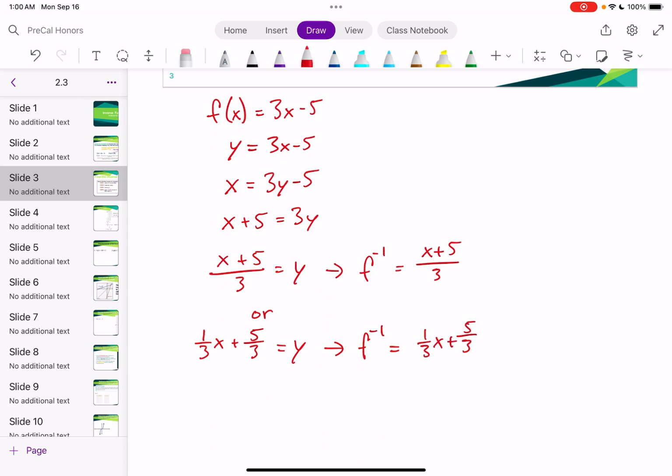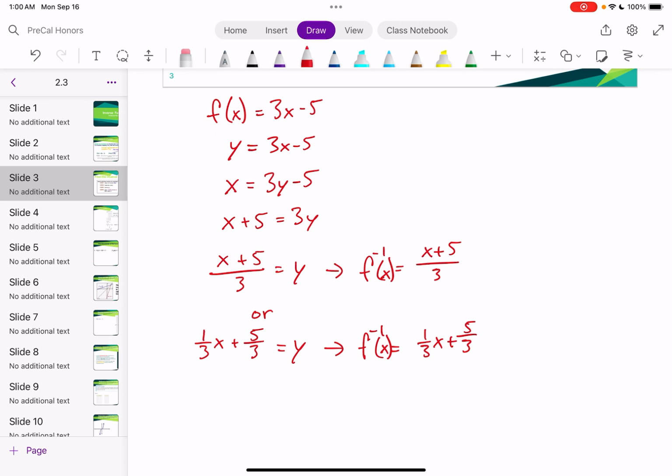Now keep in mind, we have written down the f of -1. That does indicate the inverse, but this is still a function, which means we will always have that x as part of our equation.